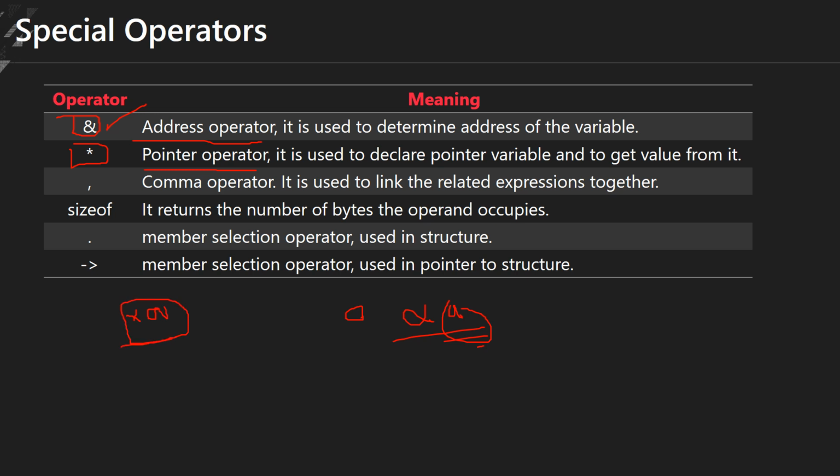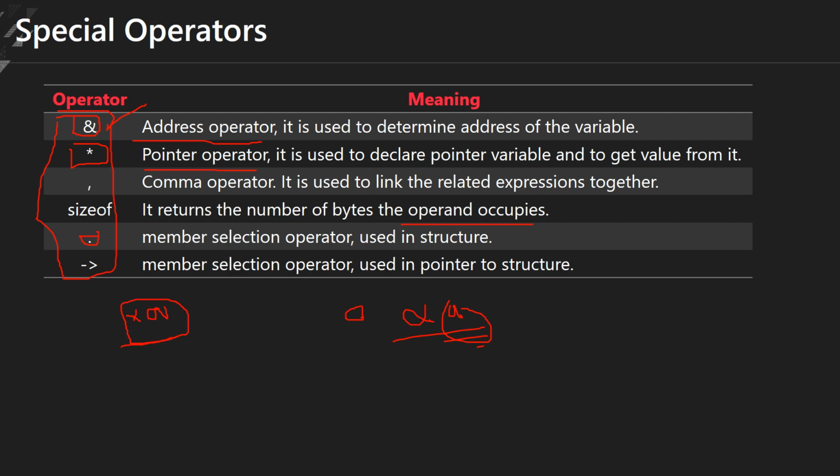Then there is the comma operator, which is used to link related expressions together. Sizeof determines the number of bytes an operand occupies. All of this will be used while studying structures and pointers. The dot operator is used to access a value of a particular variable or structure member.